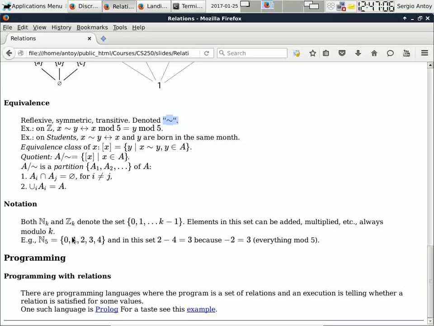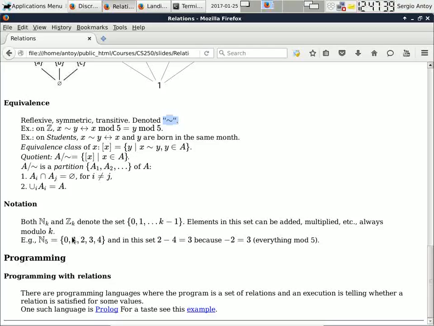And I can do operations there: addition, multiplication, subtraction. And when I go over 0 to 4, I roll back to 0 to 4 by adding or subtracting 5, because if you change a number by 5, you remain in the same equivalence class. If you look at this one here, how do we go from one element in one equivalence class to the other in the same equivalence class?